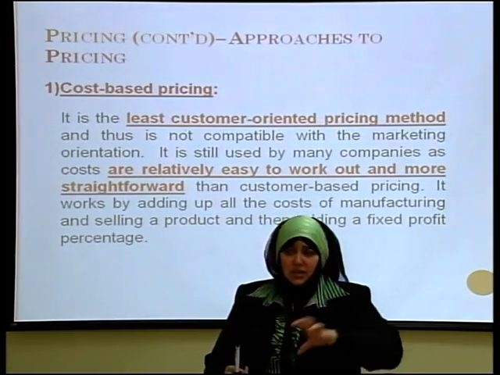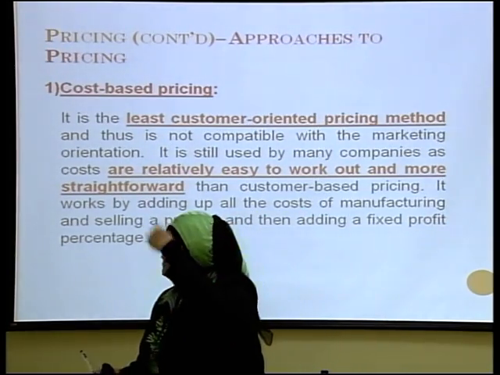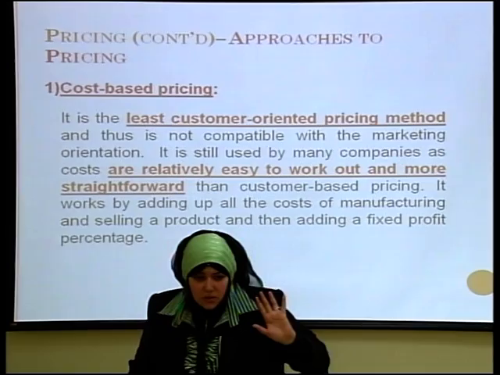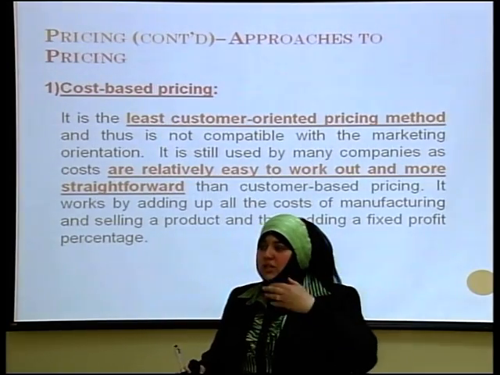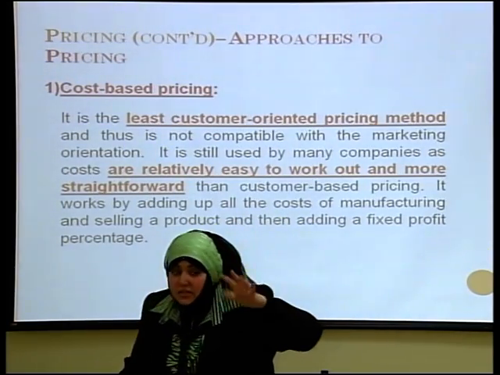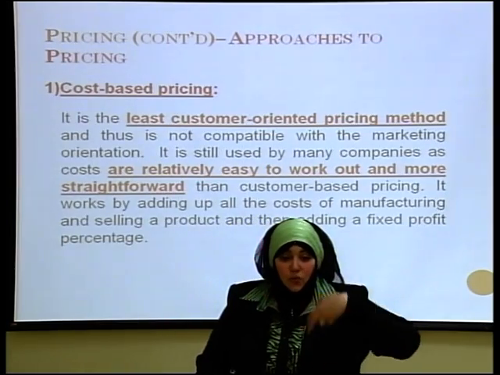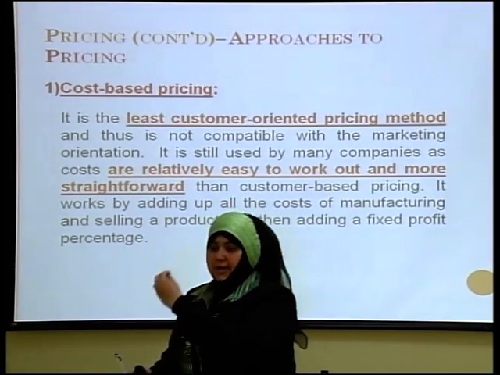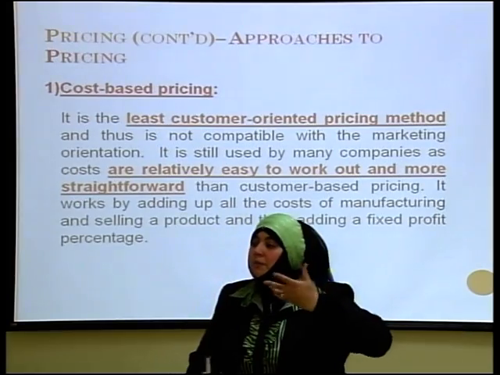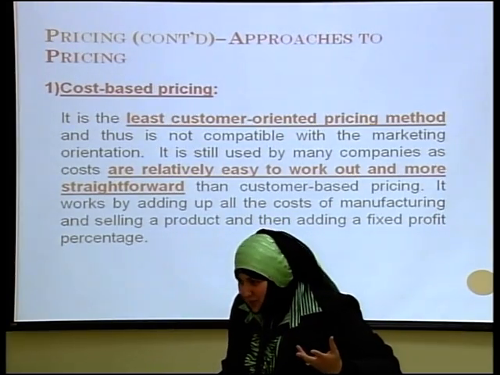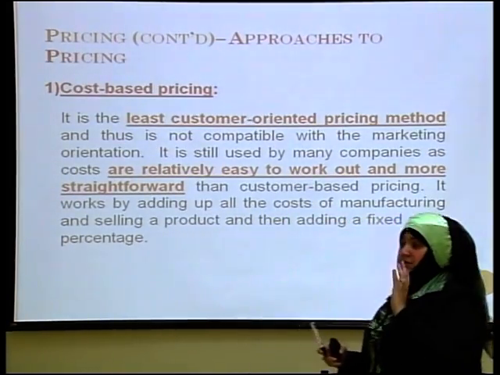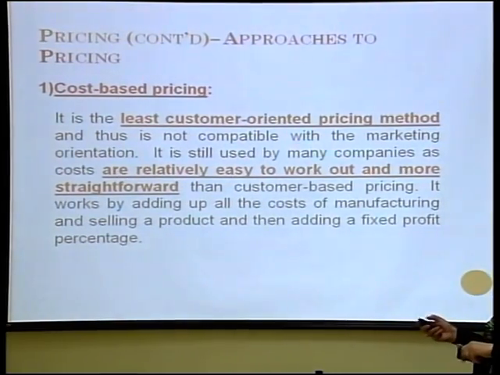All they do is identify the cost per unit and add a fixed percentage of profit, and that's it. They do not need to go to the market and conduct surveys and questionnaires about customers' willingness to pay this amount of money. So it's a direct method, very simple.